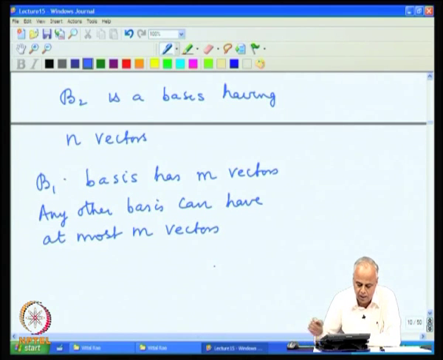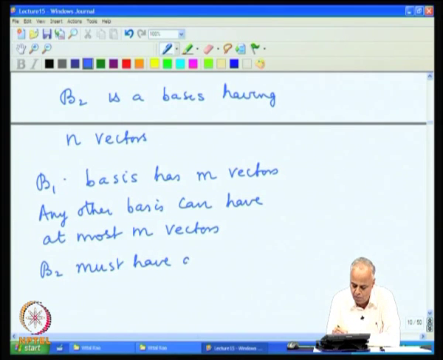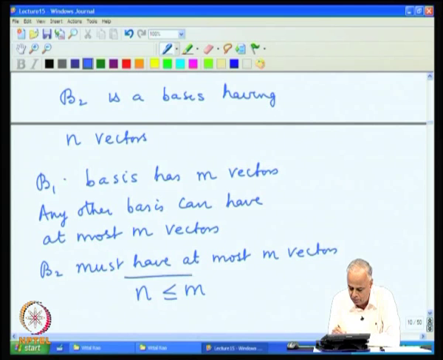Therefore, in particular B2 is a basis, so B2 must have at most m vectors. That means n must be less than or equal to m.